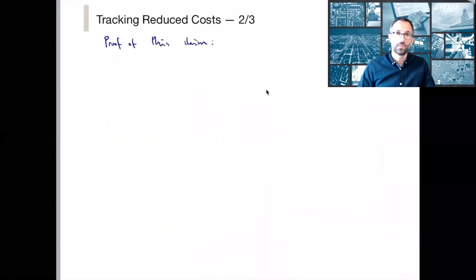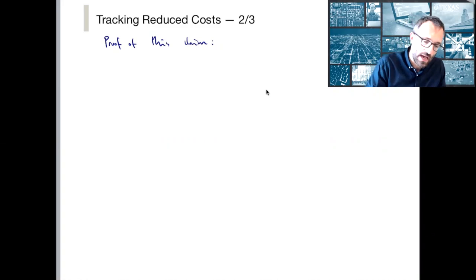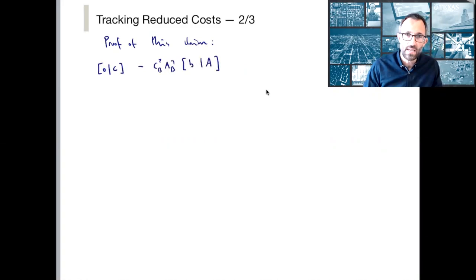So what do we start with? Our 0th row initially has the form 0, C minus CB transpose AB inverse times A. So I've broken down this first row. Again, what is the first element of the first row?